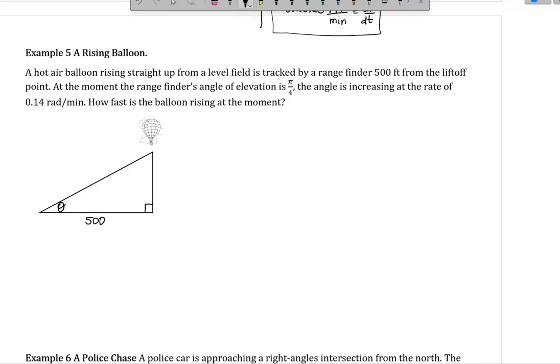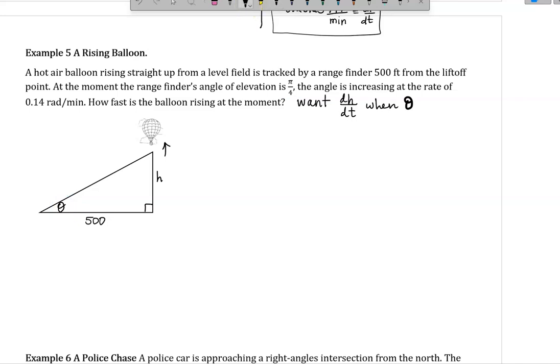So what we want to find is how fast the balloon is rising. The balloon has a certain height above the ground that is changing as the balloon goes up. It's increasing. We want to know how fast it is increasing, how many feet per minute. We want dh/dt, and we want it specifically when this angle theta is pi over 4.